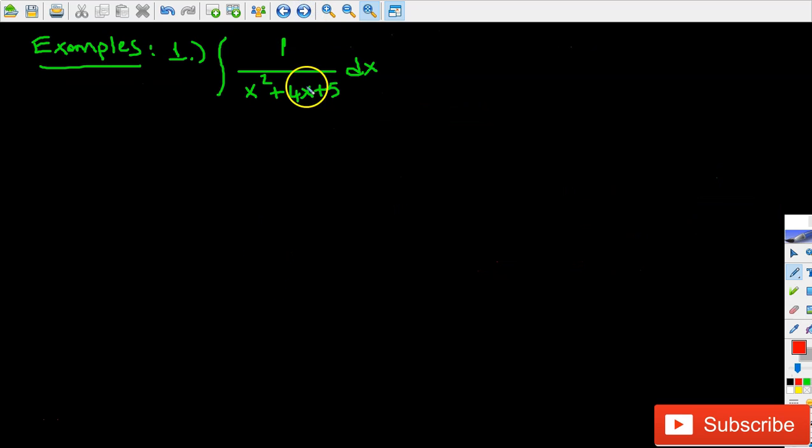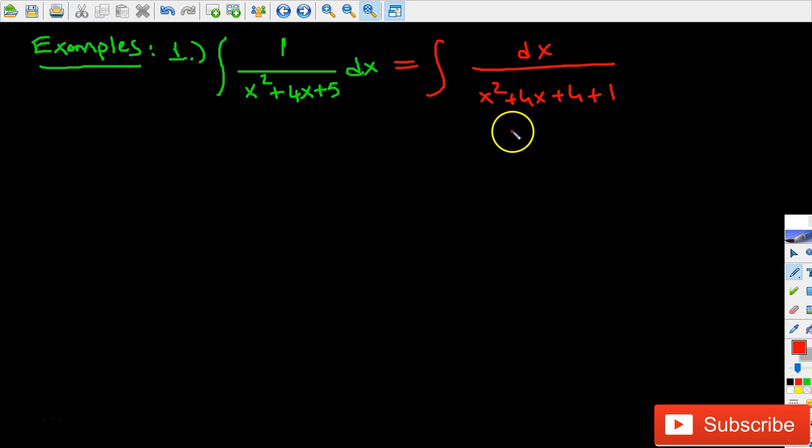Okay? So in this case, what we have is the integral of 1 over x squared plus 4x plus 5. Normally, what I would do conventionally is complete the square, so we end up with the integral dx over x squared plus 4x plus 4 plus 1. We continue from there because we know that x squared plus 4x plus 4 is the perfect square of x plus 2.